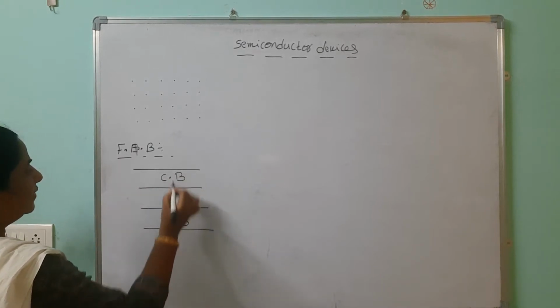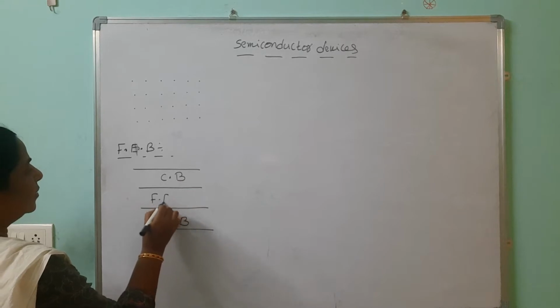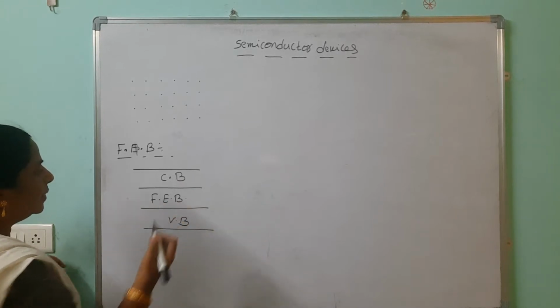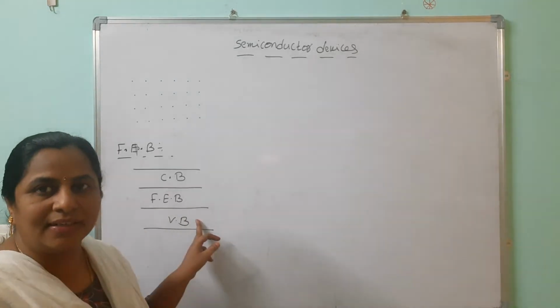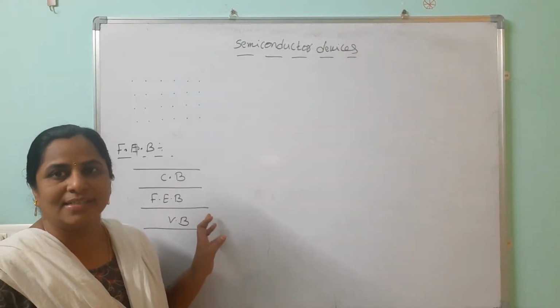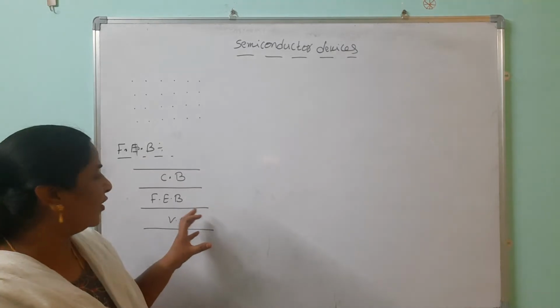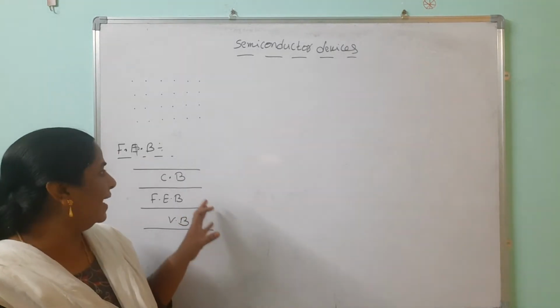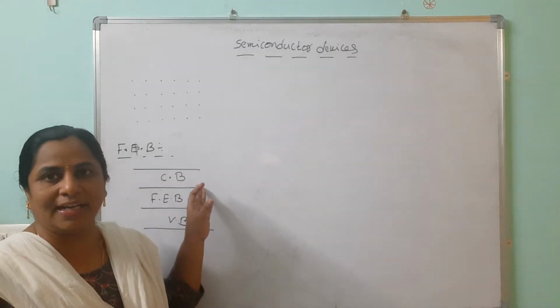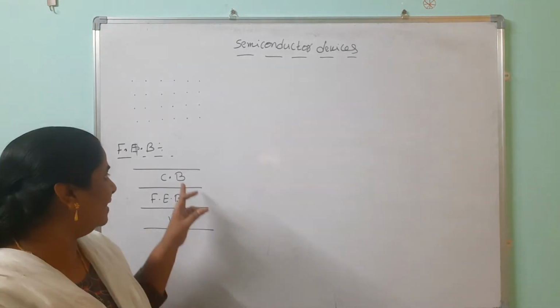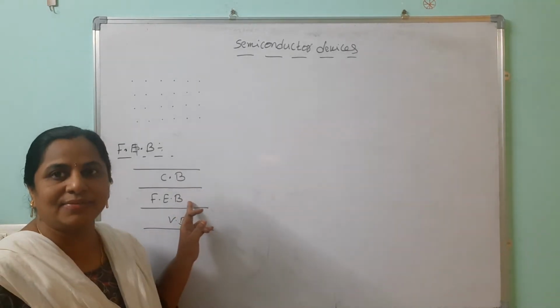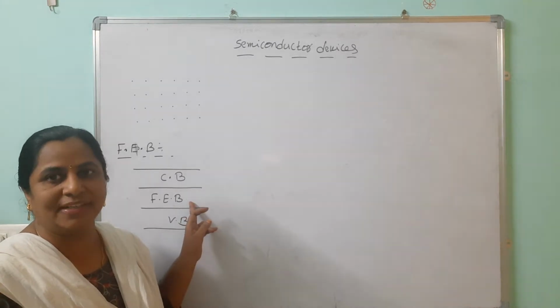The gap between these two is called the forbidden energy gap. Here the valence band is either partially filled or completely filled. This is the highest energy level occupied by the electrons. And this conduction band is either partially filled or empty, based on the nature of the materials. And here there is no existence of electrons. This is called the forbidden energy gap.